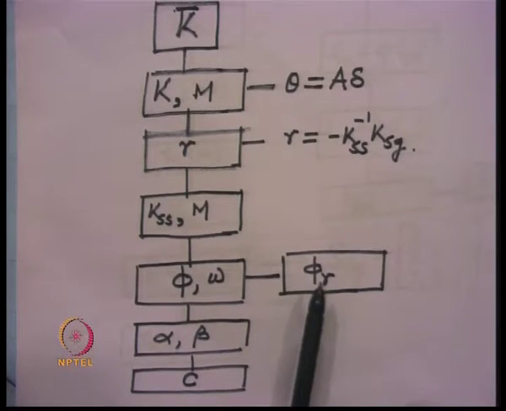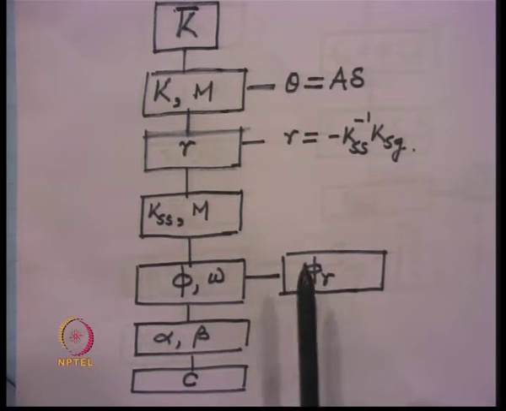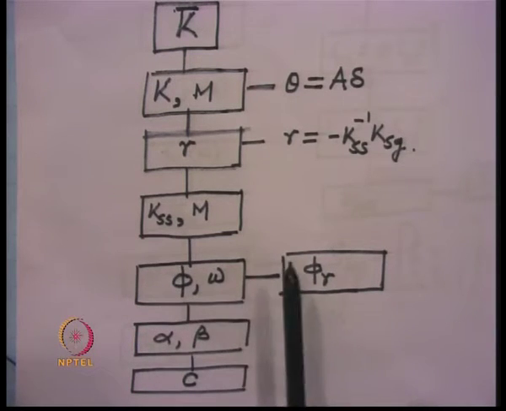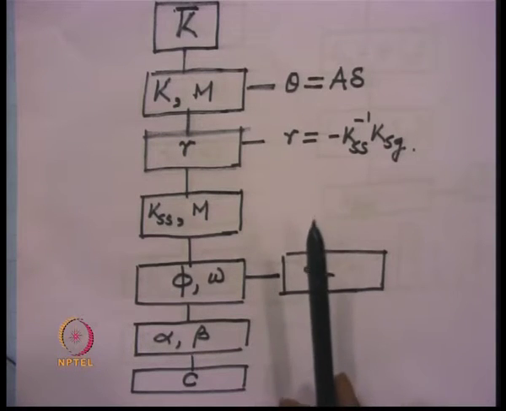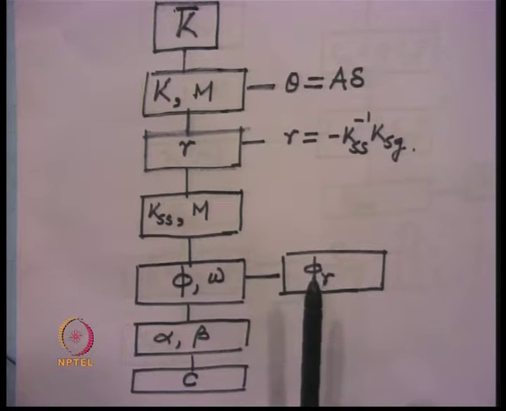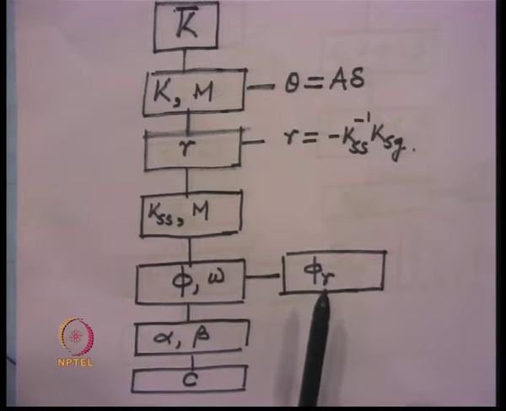And how to obtain that we have described before, that is if I subject the structure to a force of M ω_i², where M is the mass matrix and ω_i is the ith frequency, then the displacement response that we get will correspond to phi, and the solution for any response quantity, that is bending moment or shear force, taken out from that solution, will give the mode shape coefficient for that response quantity.